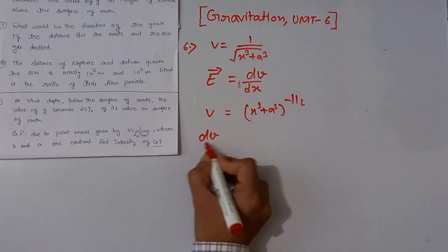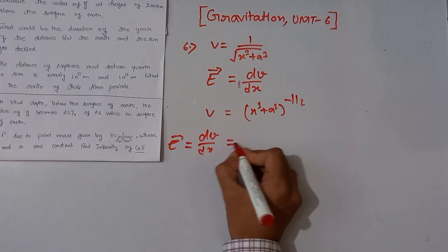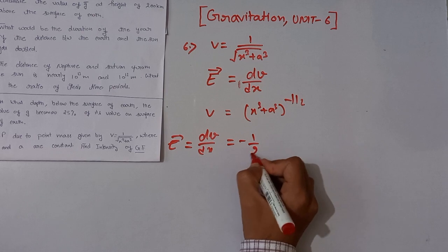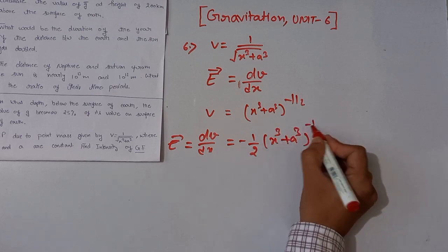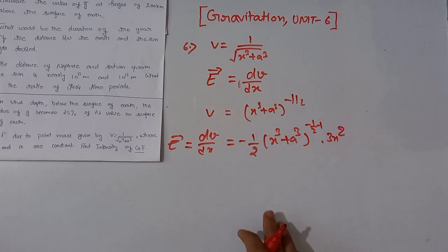So dV over dx, which is the intensity of the gravitational field, is equal to minus 1 by 2 (x cube plus a cube) raised to the power minus 1 by 2 minus 1, into d dx of this, that is 3x square.